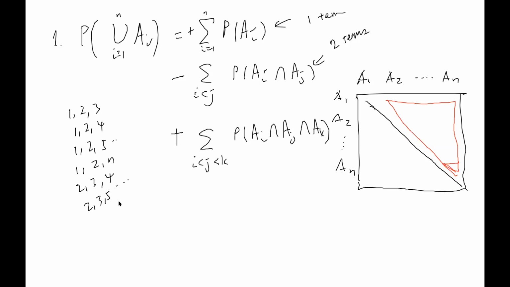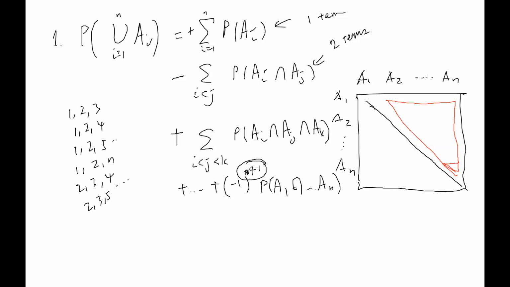Okay, and then you keep adding until the last one. The last one will basically have the intersection of everything. Okay, and whether it is positive or negative will depend on this, right?